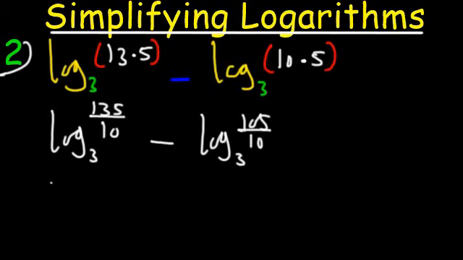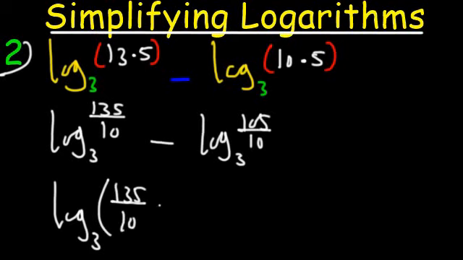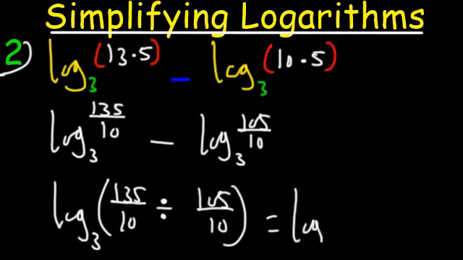So this is simply equal to log of the base of 3 to 135 divided by 10, then all divided by 105 over 10. Okay, and this can also be expressed as a log of base of 3. So at this point, we can just apply the concept of keep, change, and flip.